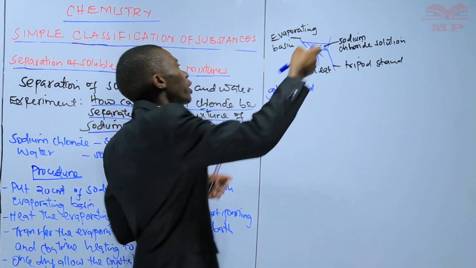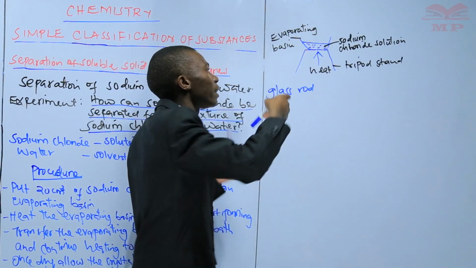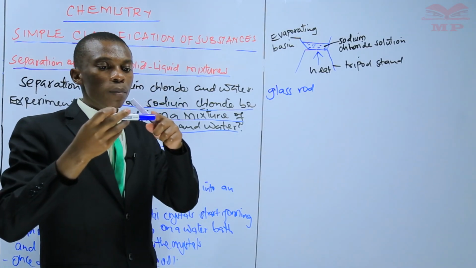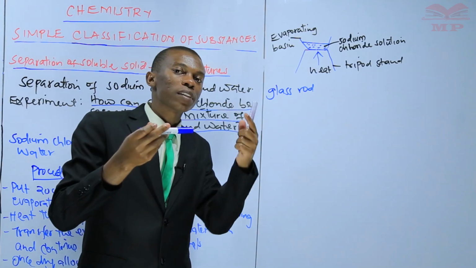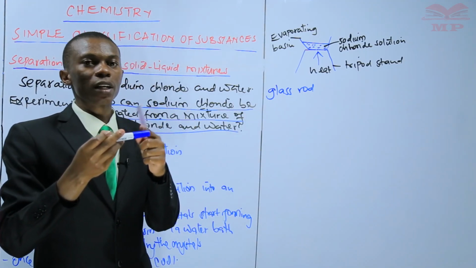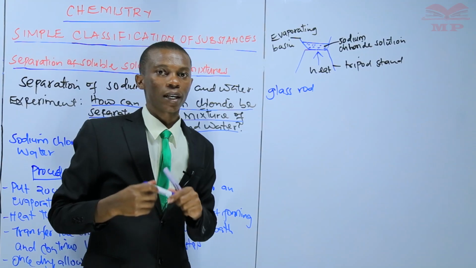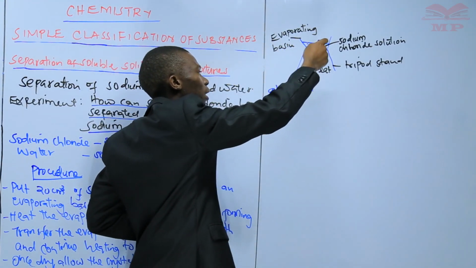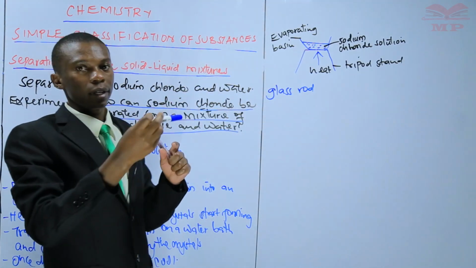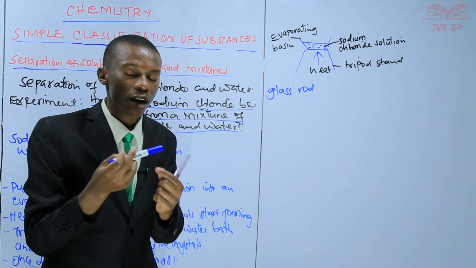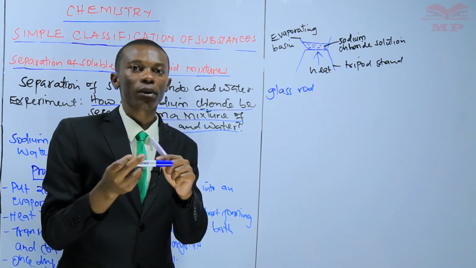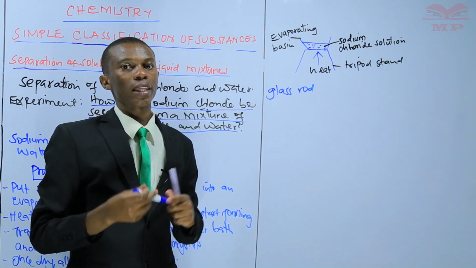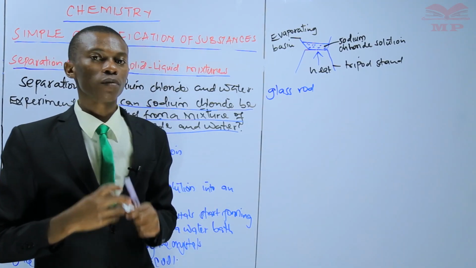If you dip the glass rod inside this solution as it is still being heated, and then hold it up in the air, you will be able to see some crystals of sodium chloride, or this salt, on the glass rod. At that time, you know the crystals have started forming.